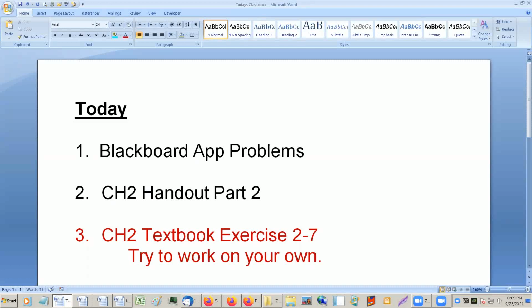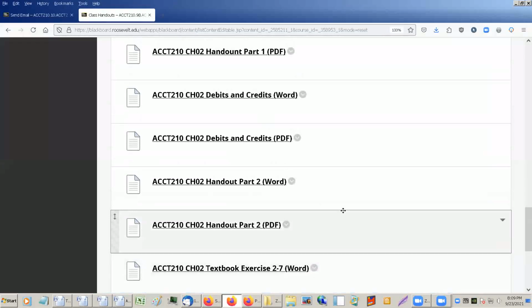I have a question. Do we turn in this handout we just went through? Yes, we do. When do we turn it in? I'll put that in right now. That's an excellent question. So you'll see me do it momentarily.